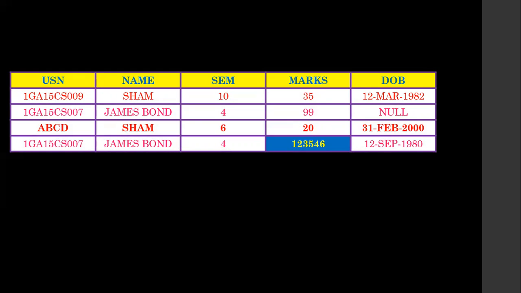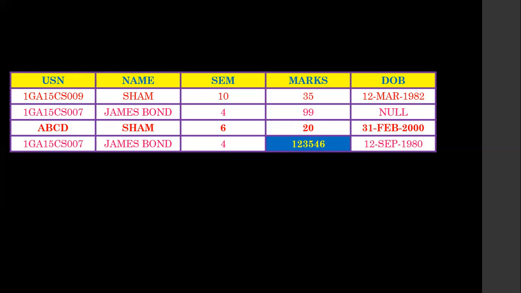But the fourth tuple has marks of 6 digits, and we cannot have marks of 6 digits; it can be a maximum of 3 digits for regular engineering exams. So we need to specify this constraint while defining the table, and now it will not accept it.